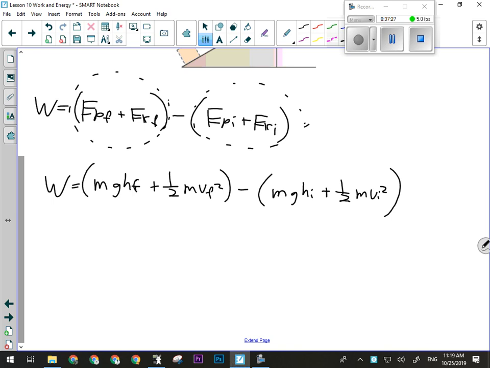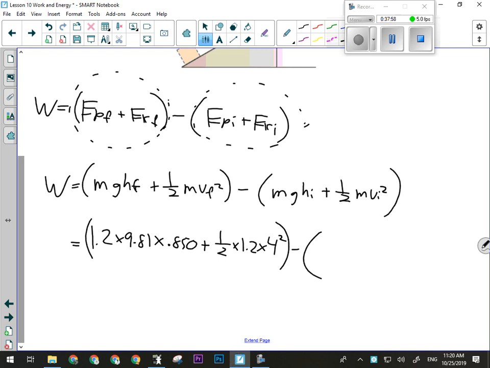So can I plug in my numbers now? We're going to have 1.2 kilograms times 9.81, because that's what g is, times the final height, 0.850 meters. I'm going to add that to the final kinetic energy, so that'll be 1/2 times the mass, which was 1.2, times the final speed, which was 4 squared.